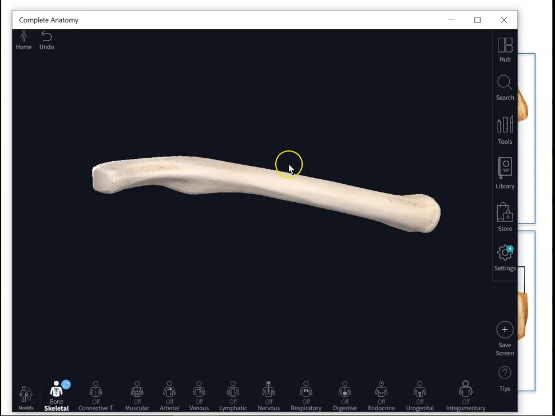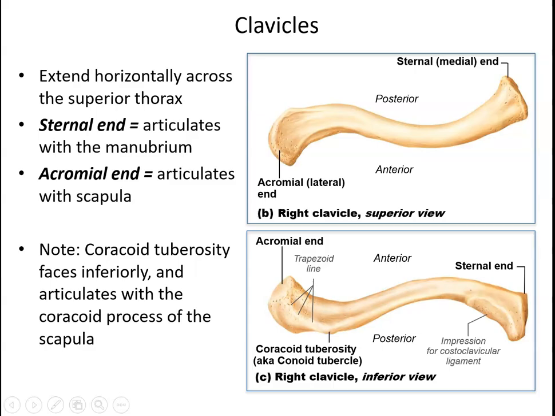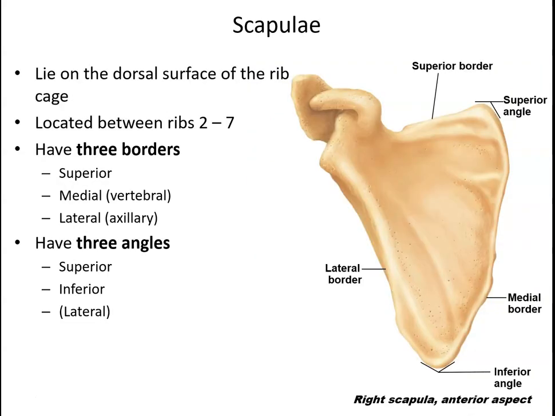So the clavicle would be your first bone of the pectoral girdle, and your second bone, and really the other bone of the pectoral girdle, is the scapula. And the scapula has a very complex, weird shape.